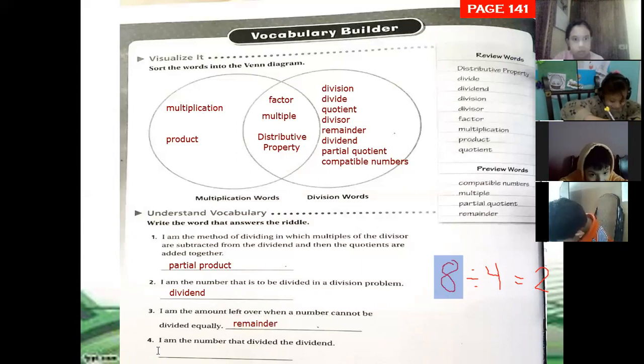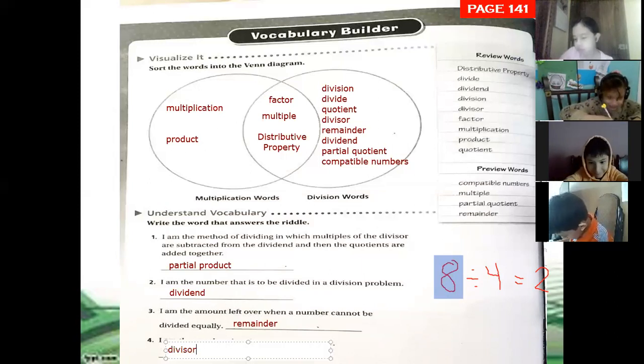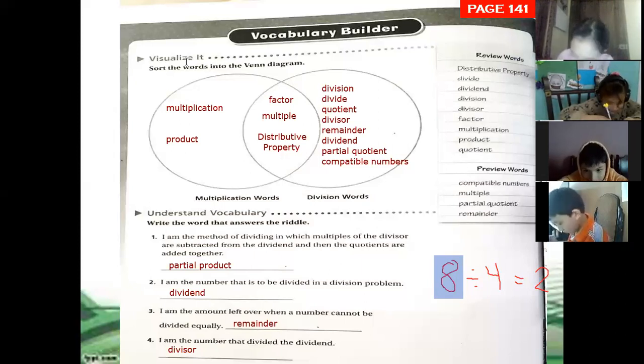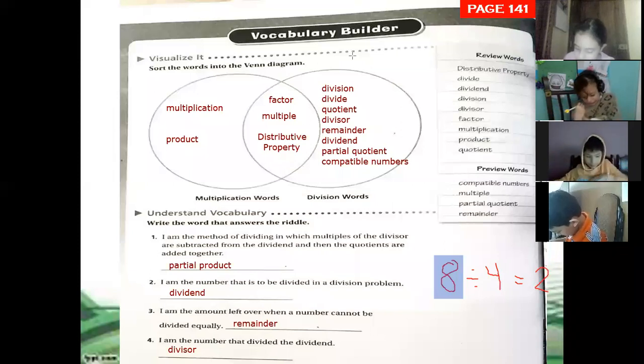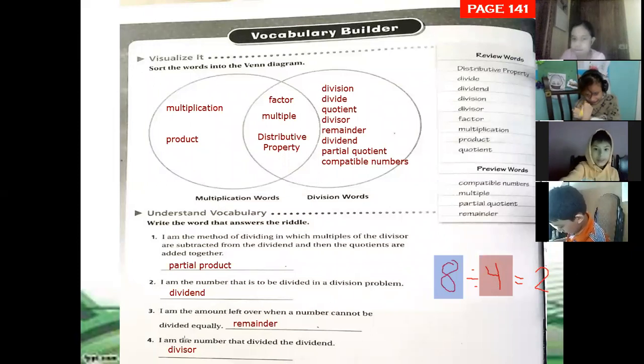Remainder. And the next, I am the number that divides the dividend. So what is the number that divides the dividend? Is that divisor. Soy el número que divide el dividendo. So what is that number? Is this one. This is the divisor.